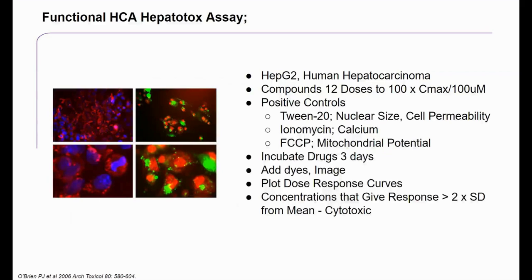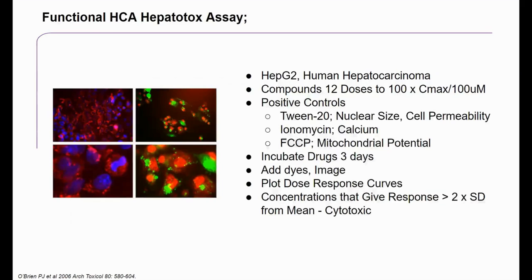So the way they set up the experiment was to treat the cells with compounds in 12 doses, and the idea was to get to 100 times the Cmax. This is the maximum concentration of a drug that you would initially see in an animal or a human. If that wasn't possible, try and get to 100 micromolar.